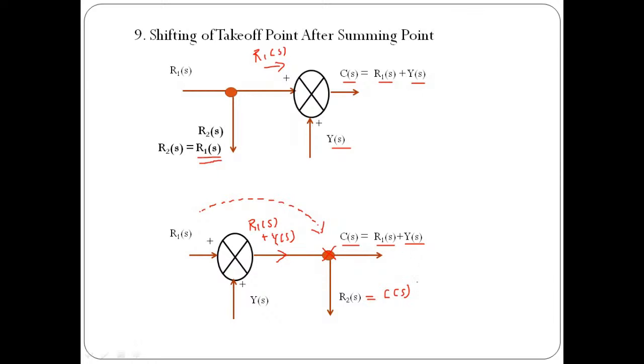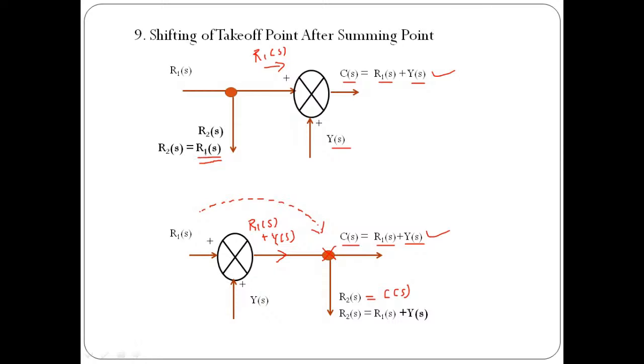Now compare this value with respect to the previous case. Here the output in the first case is R1 of S plus Y of S. See, R1 of S plus Y of S. So we are getting the same output, so there is no issue with respect to output. Now let us compare the value of feedback signal we are getting in the previous case and in this case.